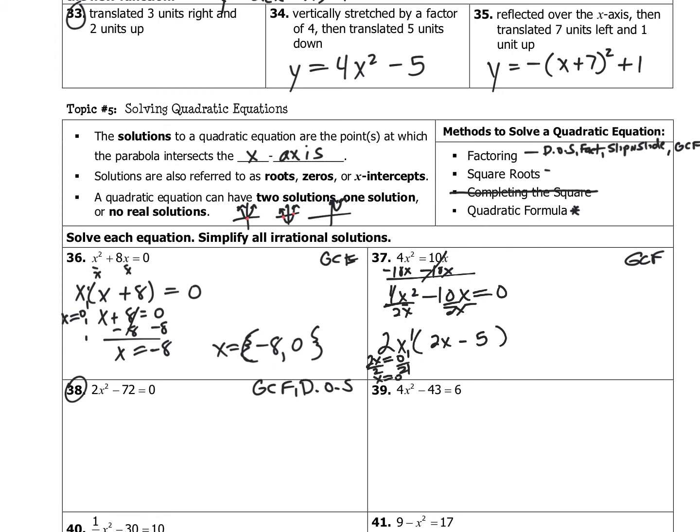Anytime you have a variable that's factored out as a GCF, one of your zeros is going to be 0. 2x minus 5 equals 0. Add 5 to both sides. Divide by 2, and x equals 5/2. So x equals 0 and 5/2.